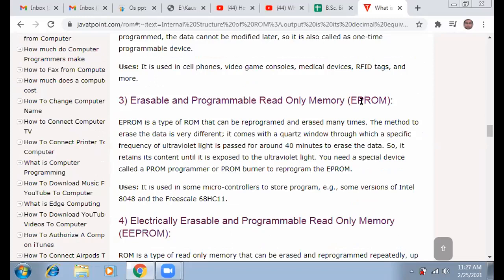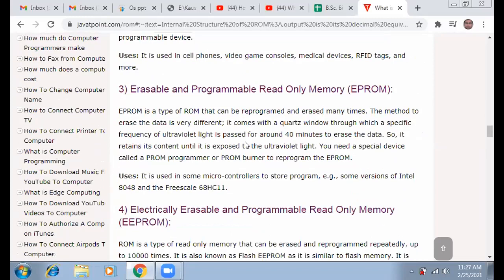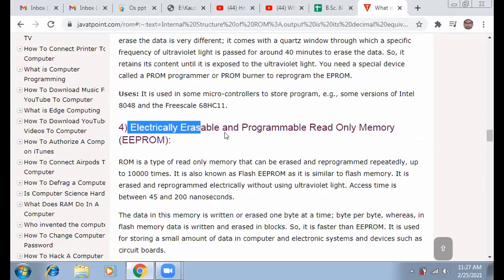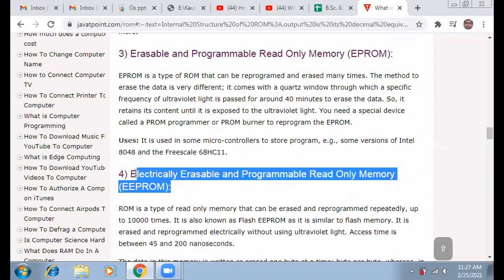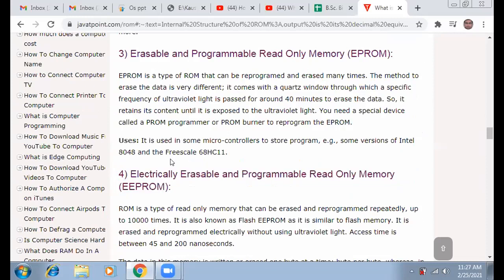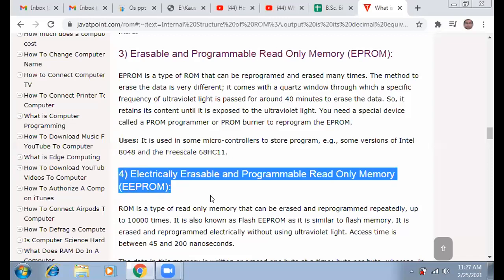In that case, we can reprogram the ROM and erase many times, as many times as we want. The fourth one does the same job, but the only difference is that here it is electrically erasable. Between EPROM and EEPROM, we generally prefer to use EEPROM. Why?